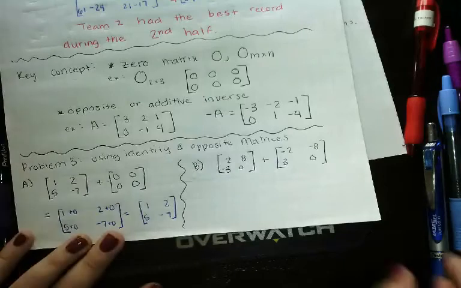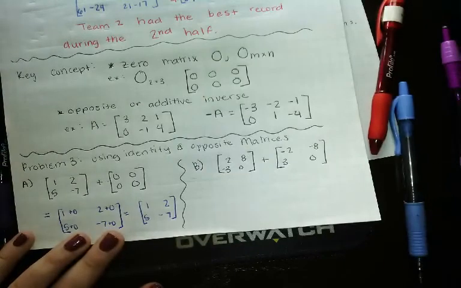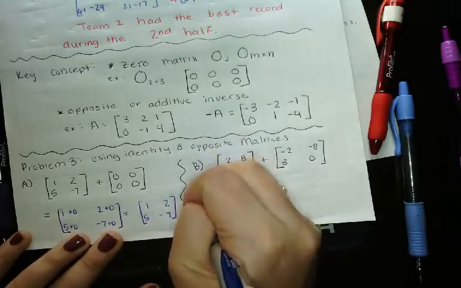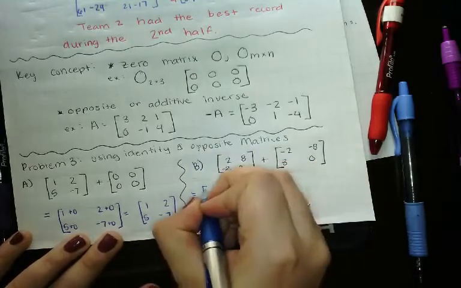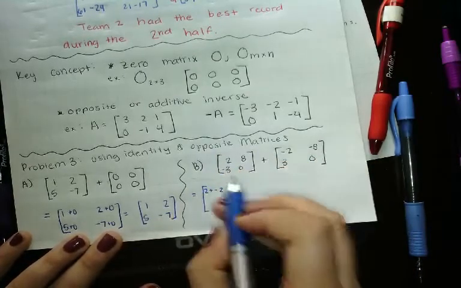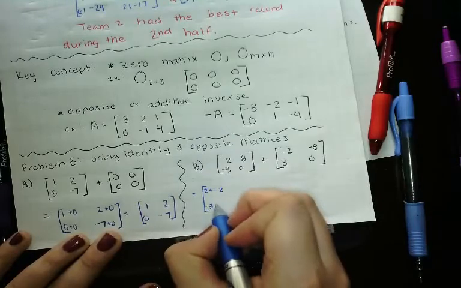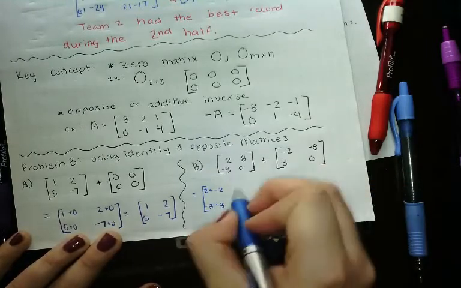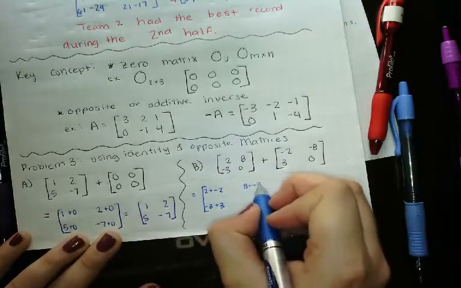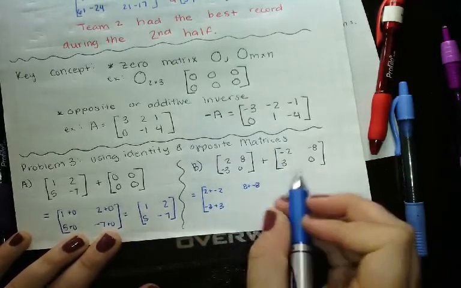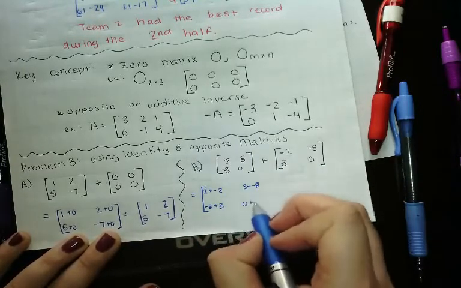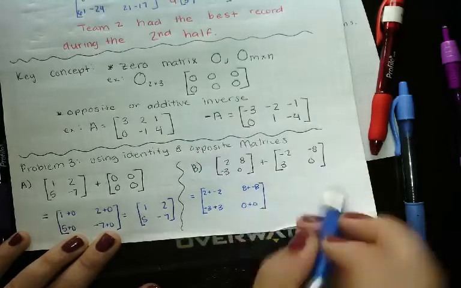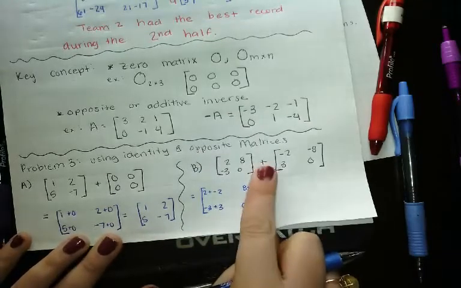When we add those together, we're going to get 2 plus negative 2, negative 3 plus 3, 8 plus negative 8, and 0 plus 0. And I know it's plus because it shows me a plus right here.